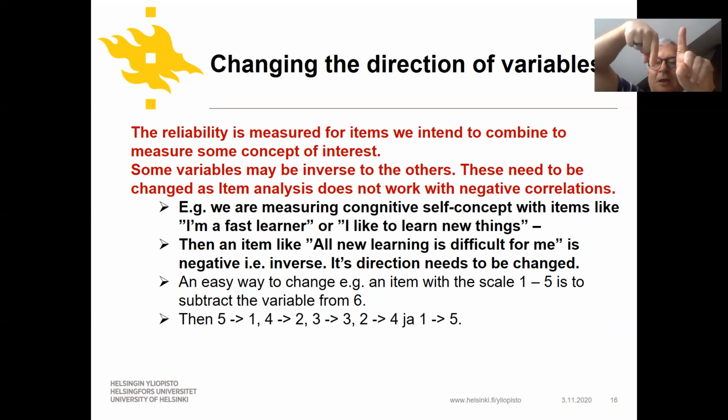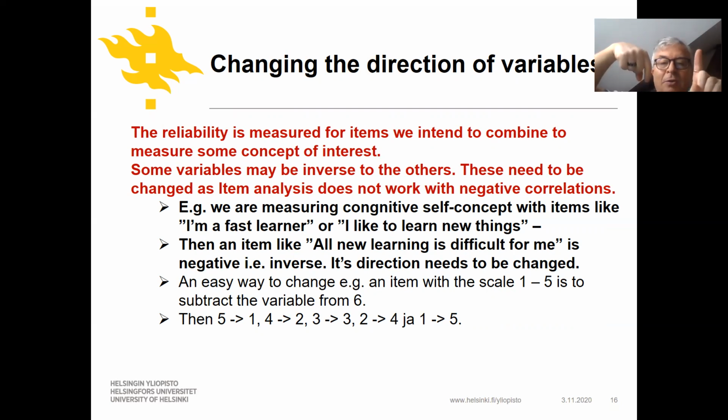But the shortness item would be exactly the opposite. So the more you say that, no, I'm not short, the taller you probably are. These two would typically have a fairly strong correlation because they measure the same thing, the same understanding of the person, but they would have a negative correlation.